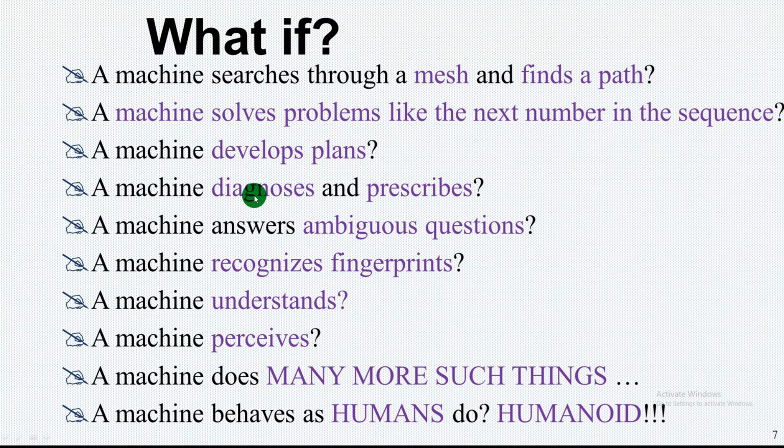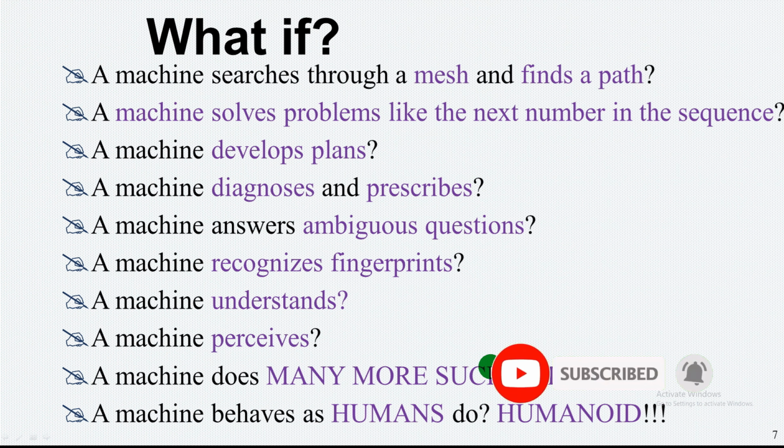A machine diagnoses, especially in healthcare or in any health center, and prescribes. A machine answers ambiguous or more complicated questions. A machine recognizes fingerprints, understands, perceives, and does many more such things as humans do. We call it artificial intelligence.